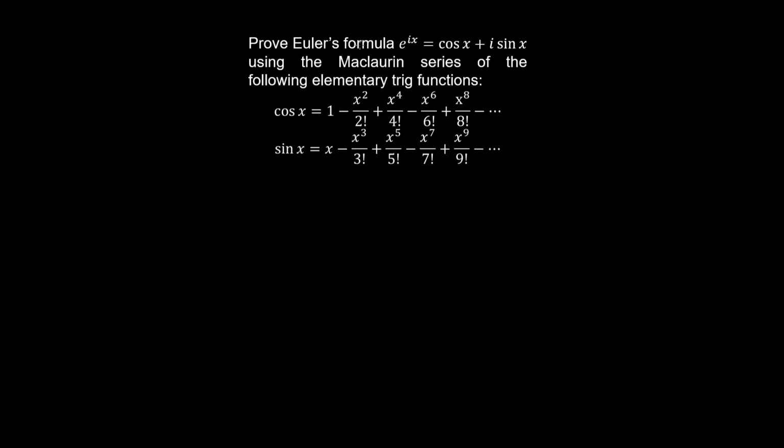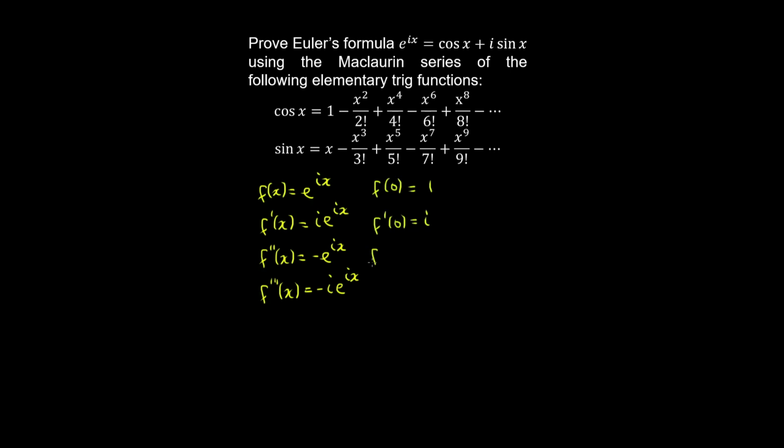Let's prove Euler's formula using the Maclaurin series for the following elementary trig functions. So if we start off with f of x and take the derivatives several times, and evaluate these at x equals 0, and now we can write out the Maclaurin series.